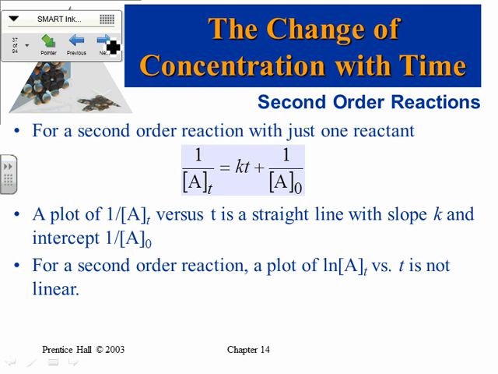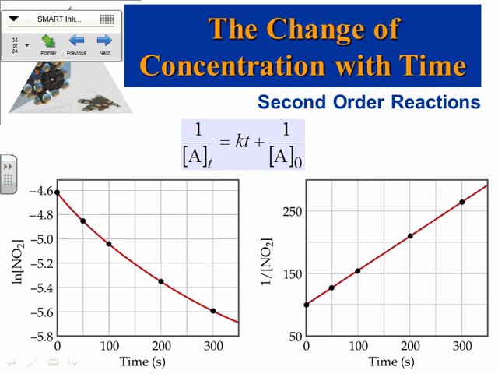But the reason that they're giving you this form is because, again, it looks like y equals mx plus b. So if you plot 1 over the concentration versus time, your x value, then you would get a straight line graph with your slope being the rate constant, the k. All right? So that one would look like this.